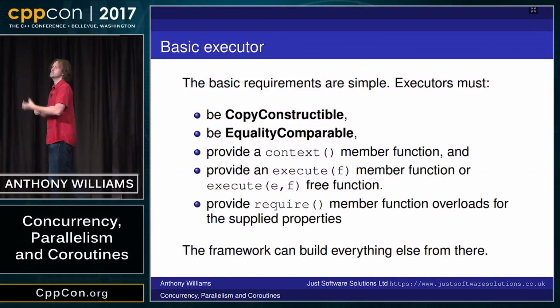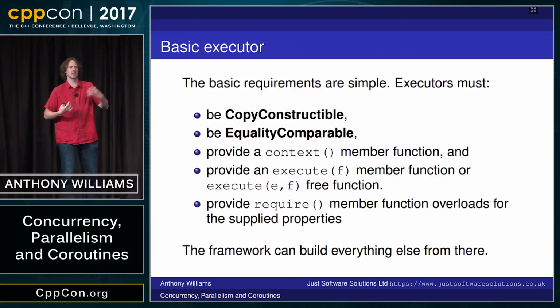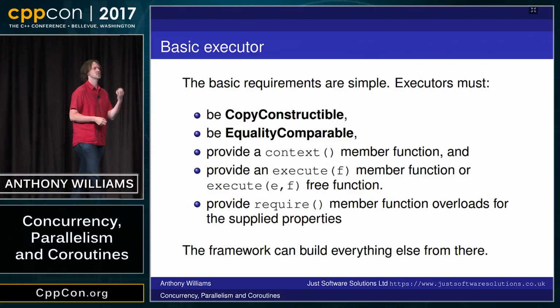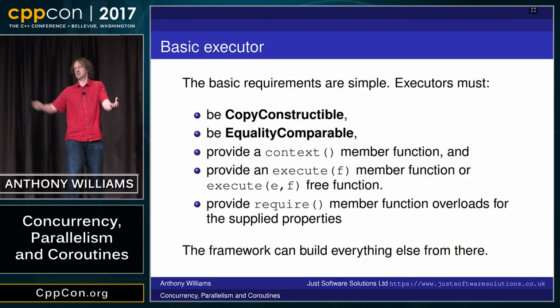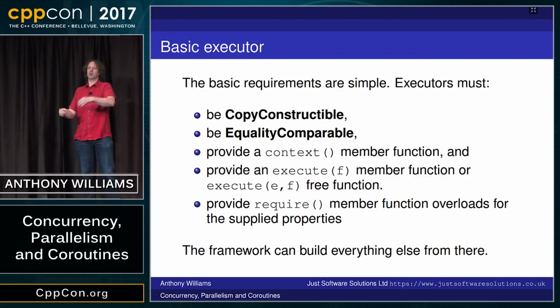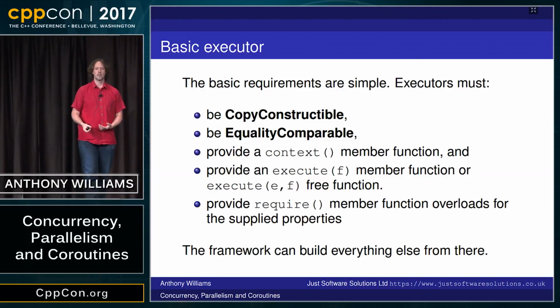It has a basic concept of what we mean by an executor. It is something that is copy constructible and equality comparable, so you can say, is this the same executor that I had over there? And I can freely copy it around.